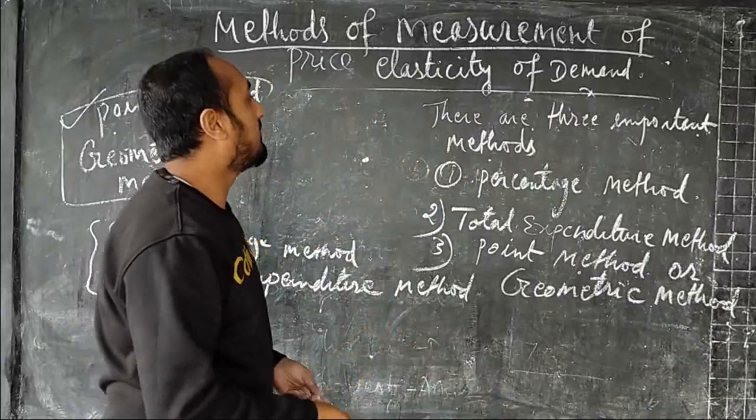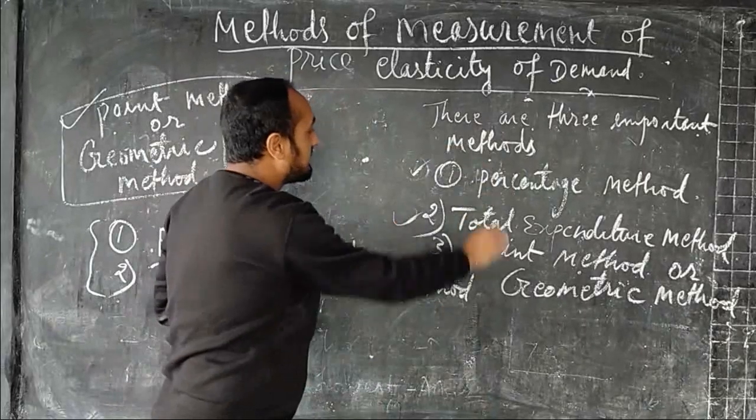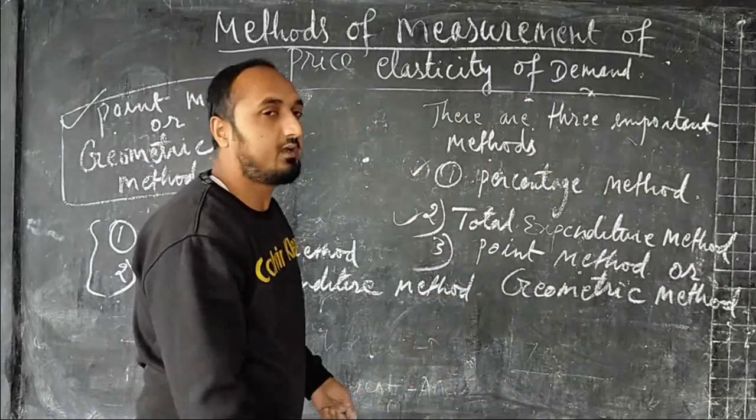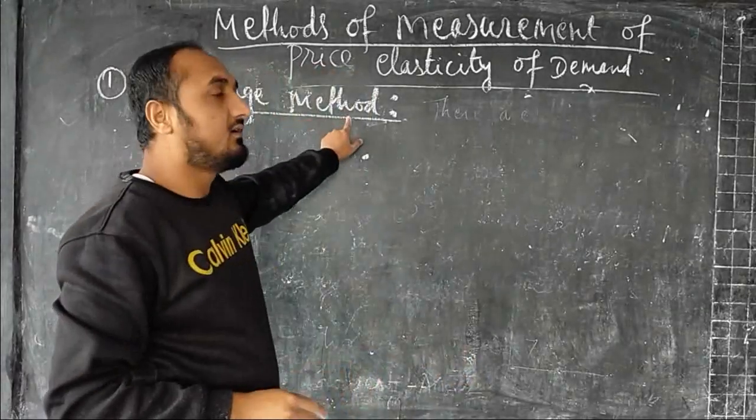Now we'll explain one by one what is percentage method, what is total expenditure method, and this point method or geometric method. The first method we have is percentage method.